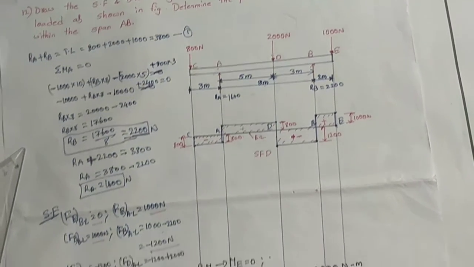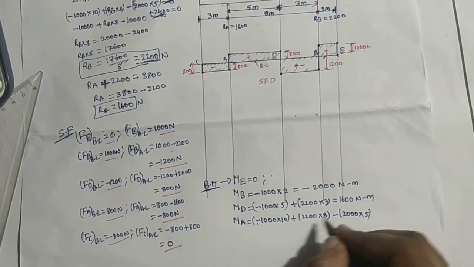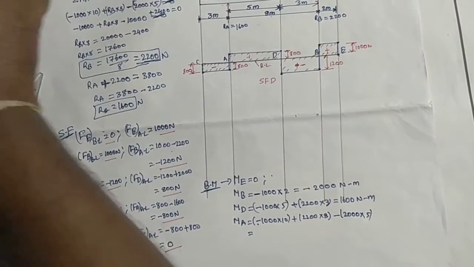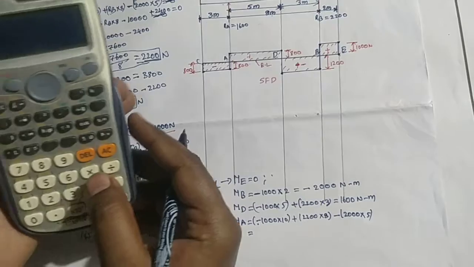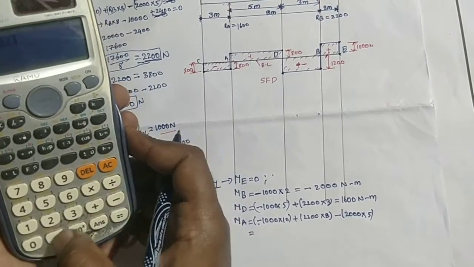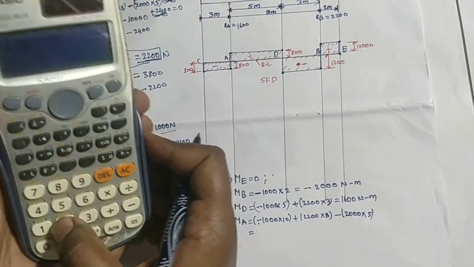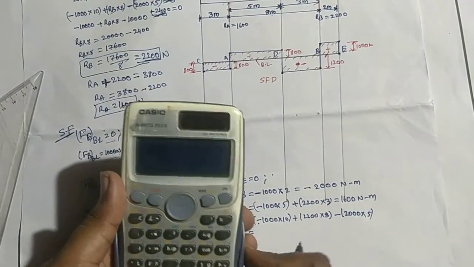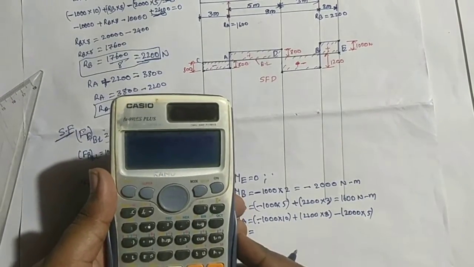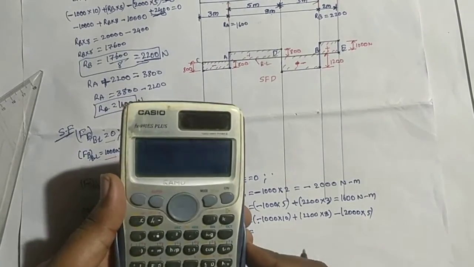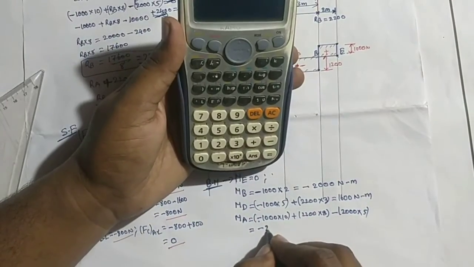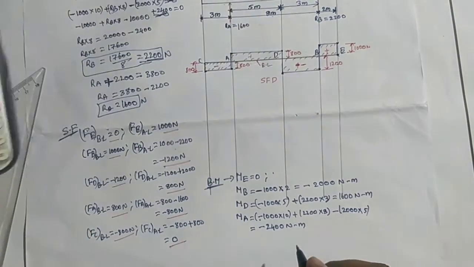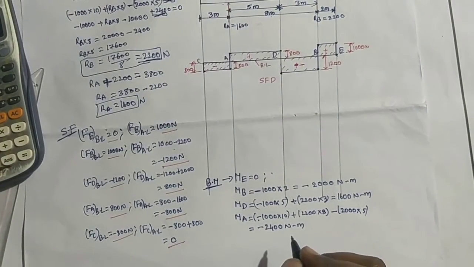So the bending moment at point A is minus 10,000 plus 2200 into 8 minus 2000 into 5. The final value is minus 2400 Newton meter. Okay, this is the bending moment value at point A.